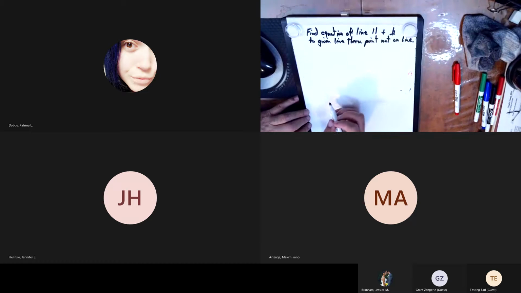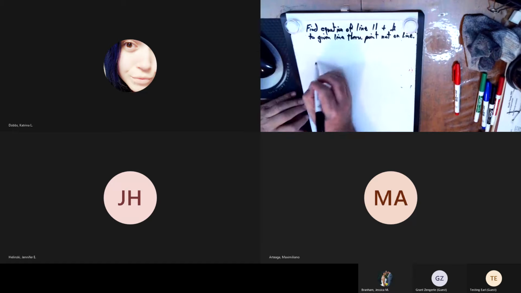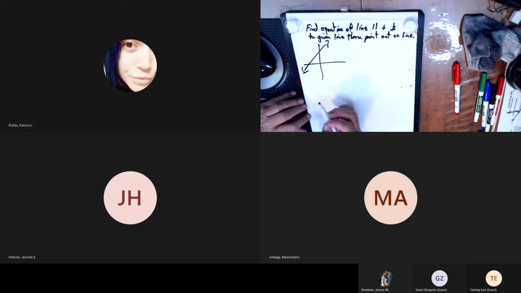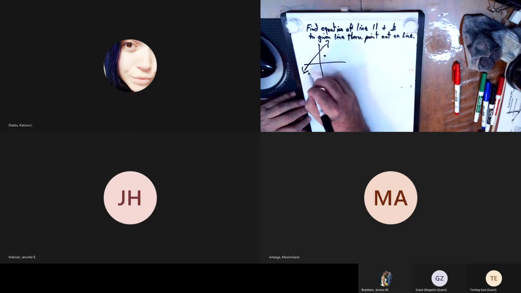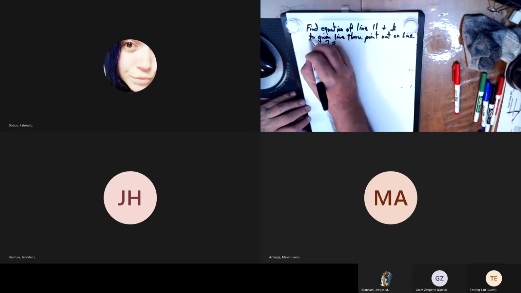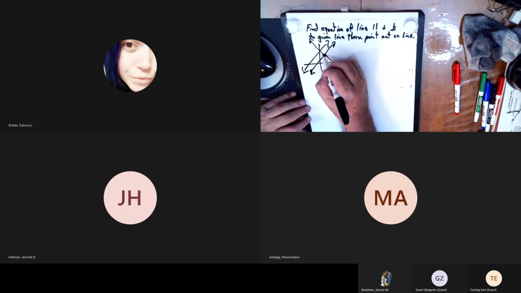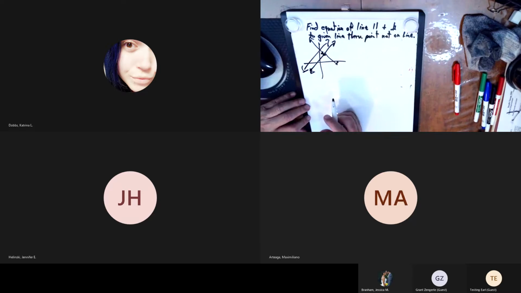Okay, so in general terms, what they're saying is we have some line, we have a point not on the line, and we either need to find the equation of the line that's parallel, or we need to find the equation of the line that is perpendicular. All right, we need to be able to do both.